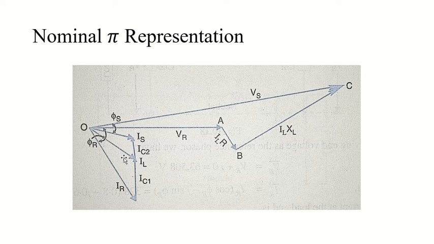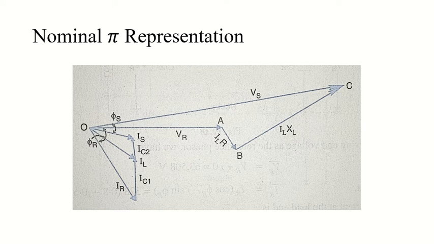And the angle between the sending end voltage and sending end current, VS and IS, will be phi s, right? Based on that we will also find the value of my sending end power factor, cos phi s.